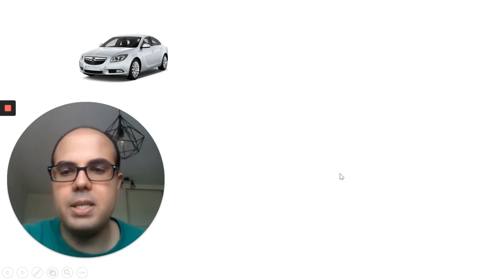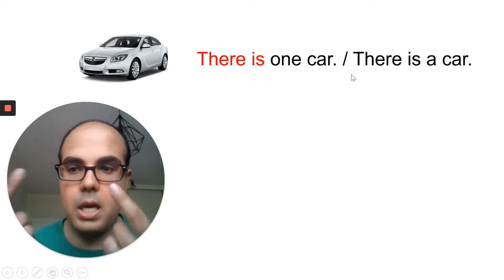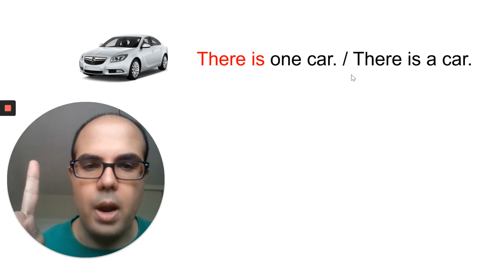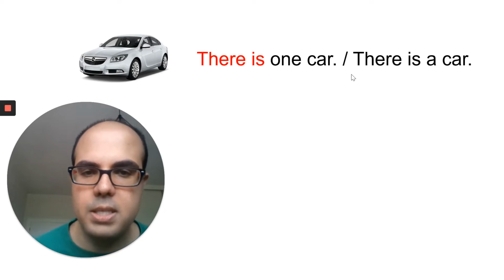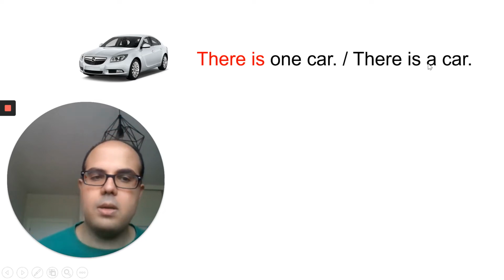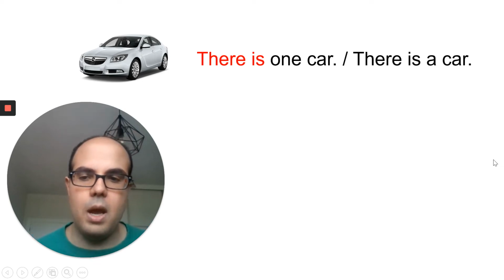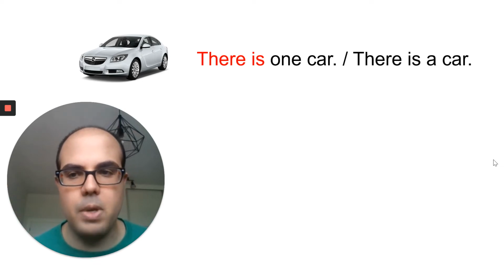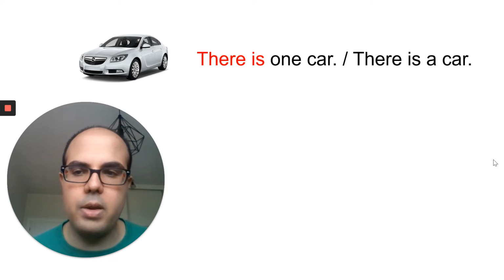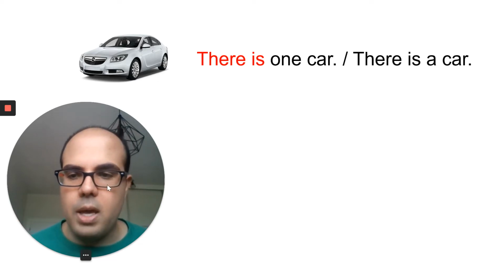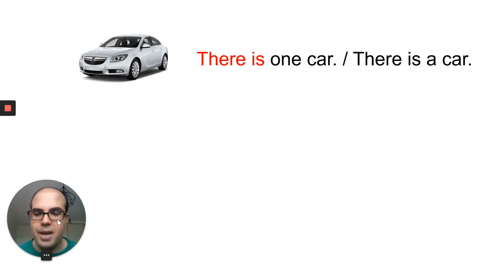Okay, so we can say I can see a car, so I can say there is one car. There is one car. Or I can say there is a car. Okay, we already knew that because we were learning this last week, but we can review it. Okay, but what happens? I'm going to make my face smaller.